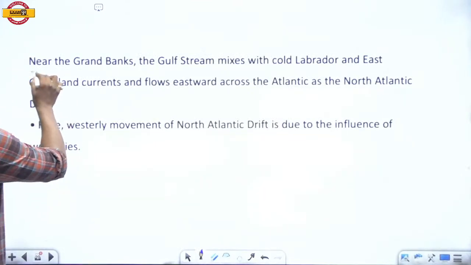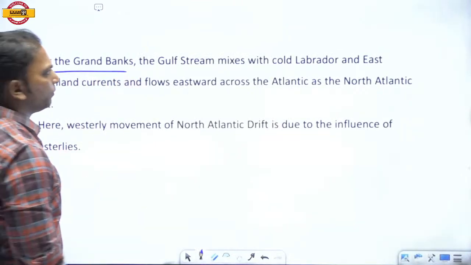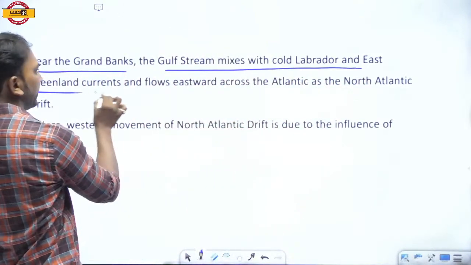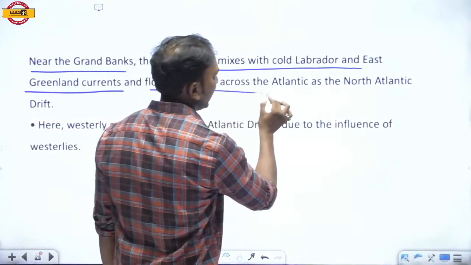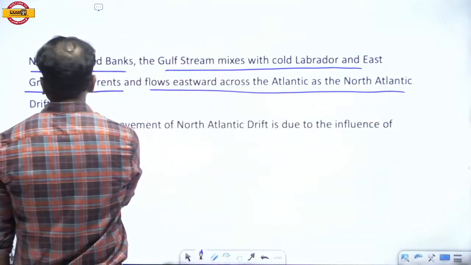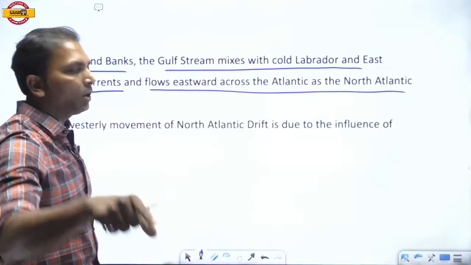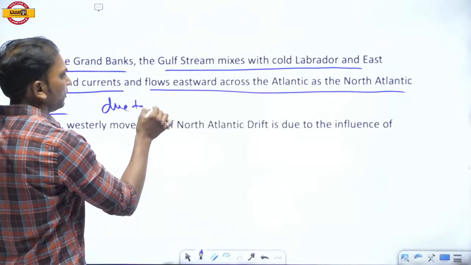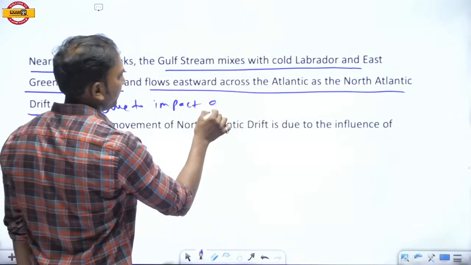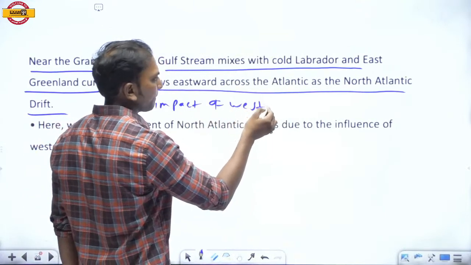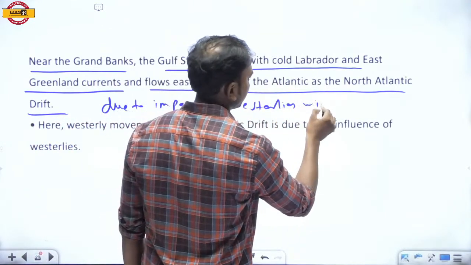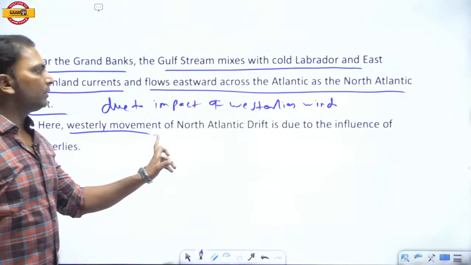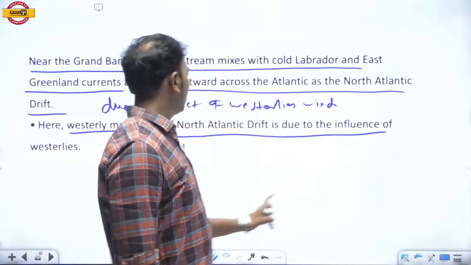Near the Grand Banks, the Gulf Stream mixes with cold Labrador and East Greenland currents and flows eastward across the Atlantic as the North Atlantic drift due to the impact of westerlies winds. Okay. Then the westerly movement of the North Atlantic drift is due to the influence of westerlies.